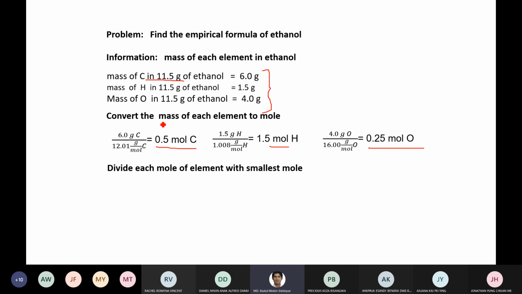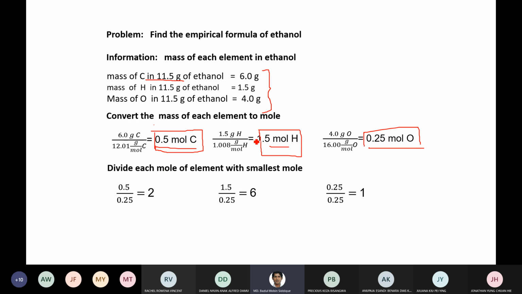So now we have the number of moles of each of the elements. We have to find the simplest ratio of the moles. The simplest ratio of the moles means we will divide by the smallest number of moles among them. If there were another 2 atoms, let's say nitrogen, which was 0.5, and 0.5 is here already, right?